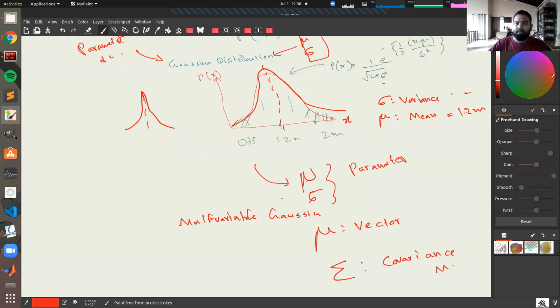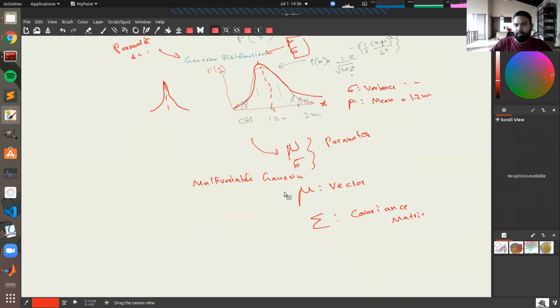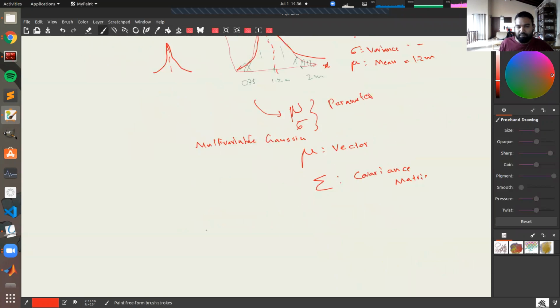So a multivariable Gaussian will look something like this. If this was the single variable Gaussian distribution, the multivariable Gaussian distribution will look like this. We have the determinant. When you're dealing with multivariable, you'll have matrices and vectors, essentially.